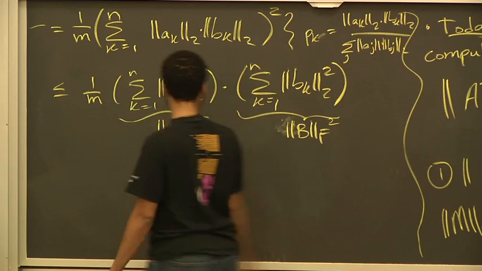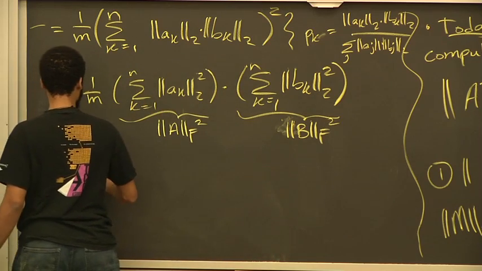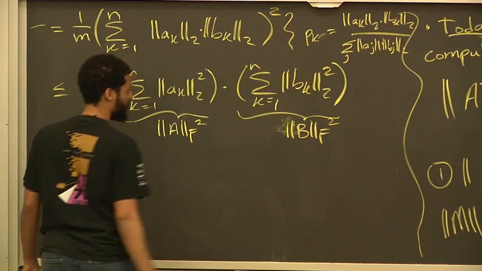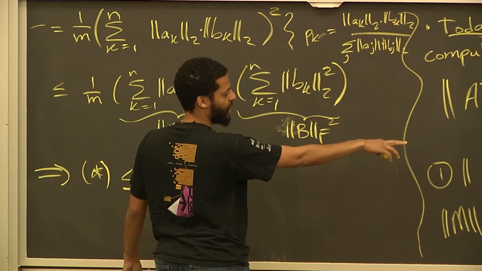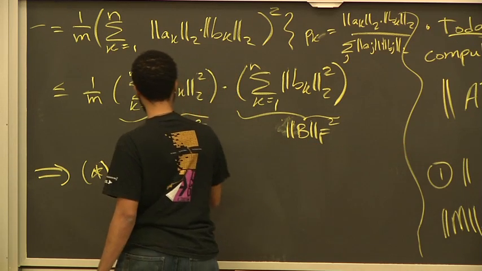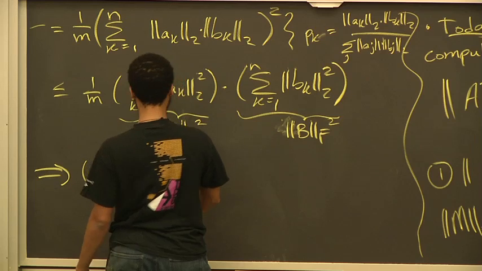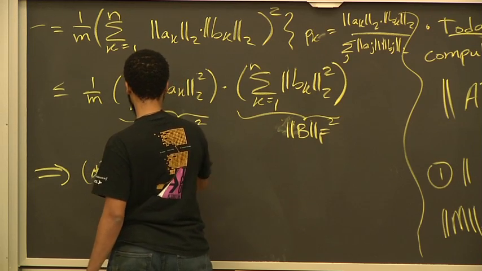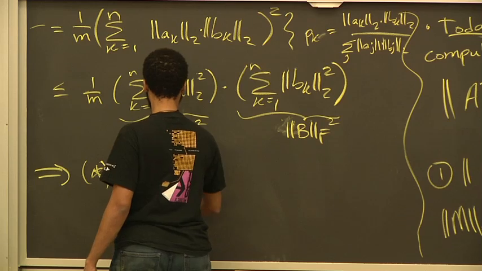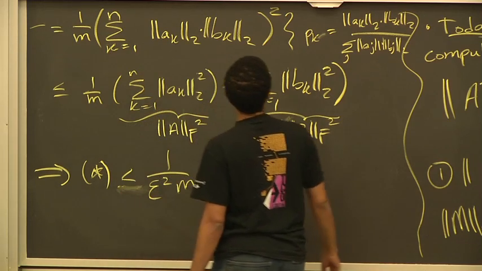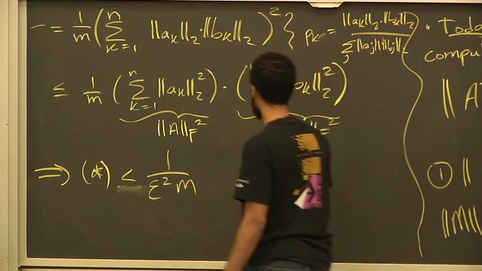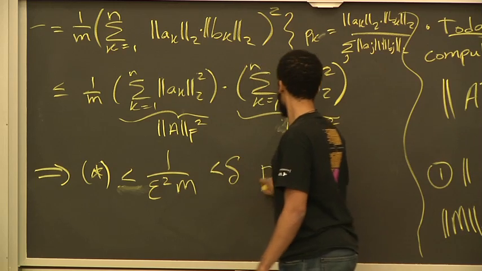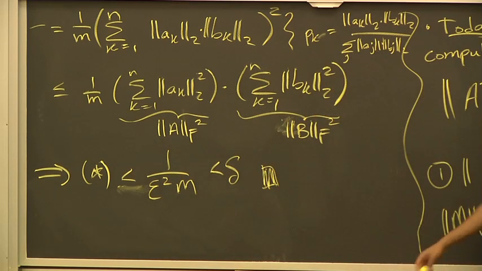By Markov, star is at most, well, the Frobenius norms squared of A and B cancel, and this is strictly less than 1 over epsilon squared m. And I chose m to be bigger than 1 over epsilon squared delta, so this is less than delta. Okay, so that's it.